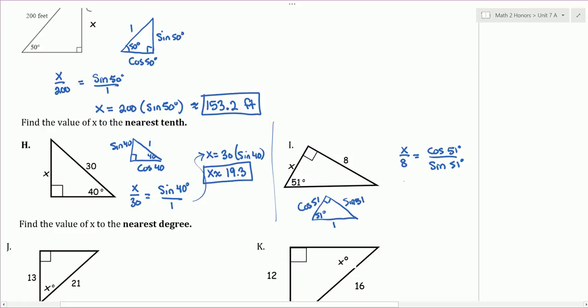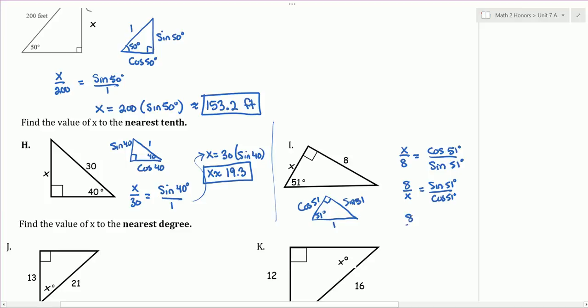So I'm going to flip every fraction over. I'm going to make it 8 over x instead of x over 8. And if you look at the corresponding parts, you're going to get sine 51 over cosine 51. The reason I'm doing that is because I know that sine over cosine is tangent.